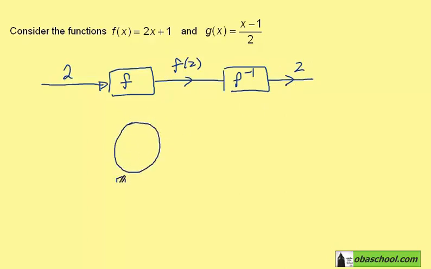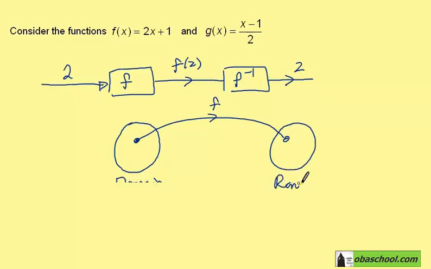If this is the domain for the function f, all the numbers in the domain are mapped into the range by applying the function f. We've seen this in previous examples. Clearly, the inverse function just takes all of these numbers over here and maps them back to where they came from.